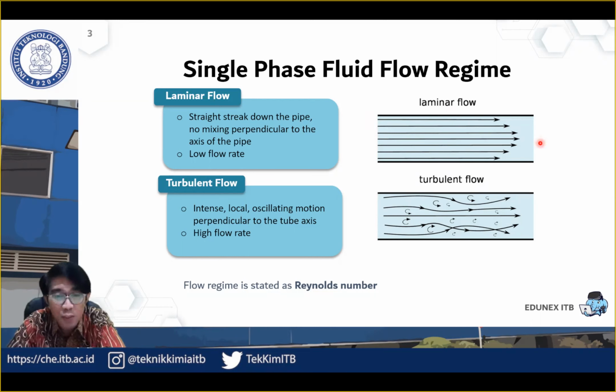At the center, the layer will experience the maximum velocity. But as it goes toward the piping wall, so this is the pipe wall, the top and the bottom one is the wall, the velocity will reduce, or sometimes the velocity will be zero.